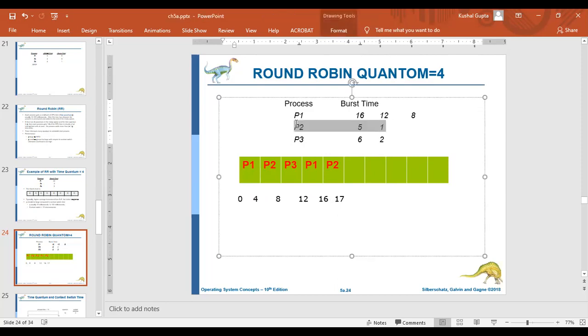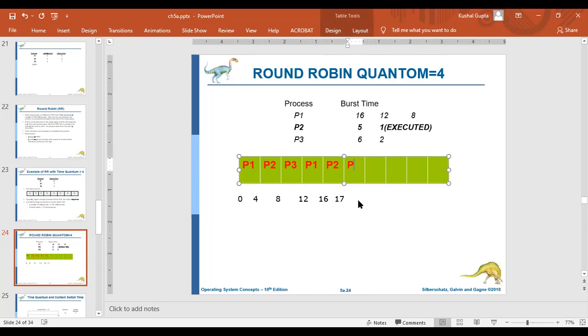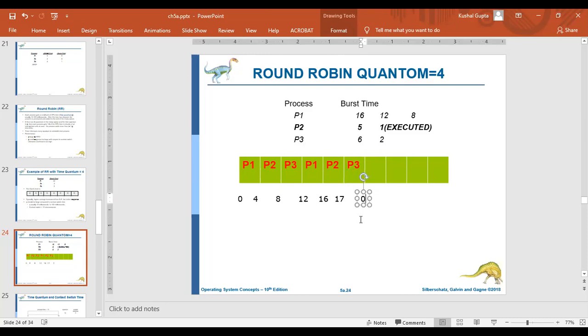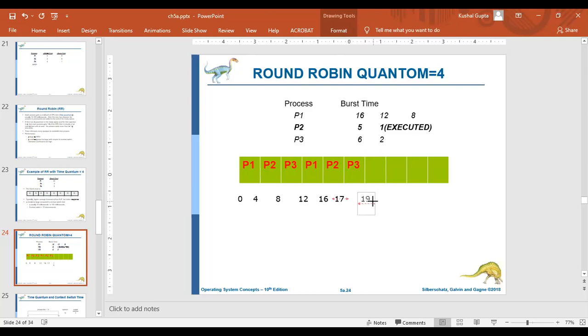Now P2 has completed its execution. Now it's turn of P3. Till what time P3 is going to run? 19. Only 2 units of time because it will require only 2 units of time for execution.